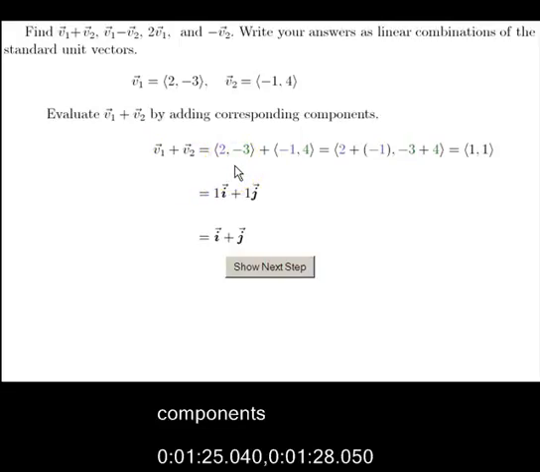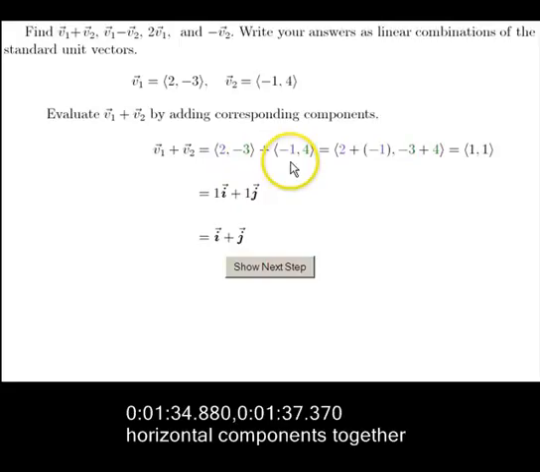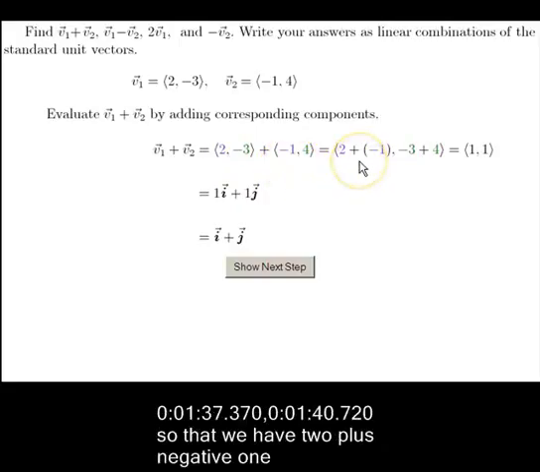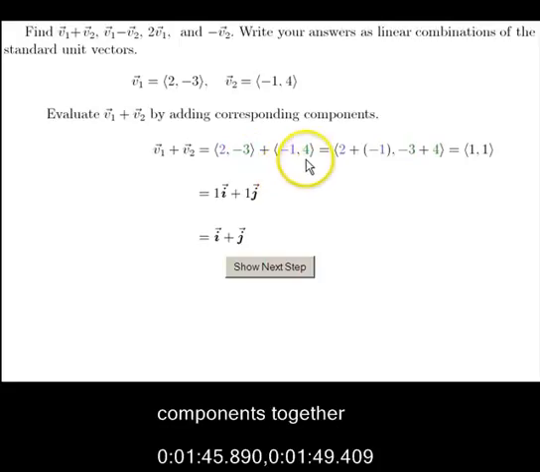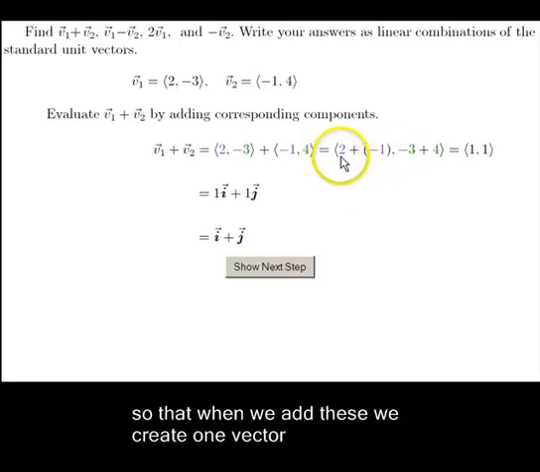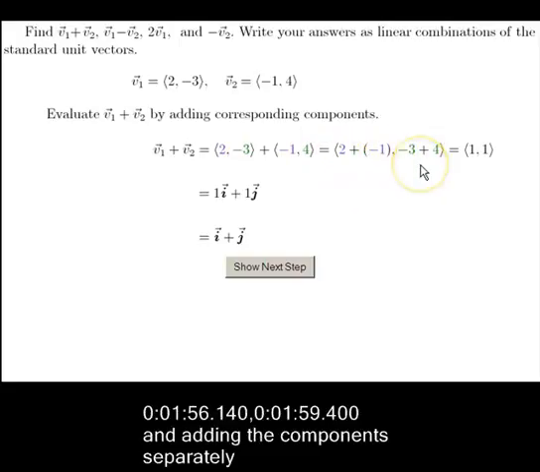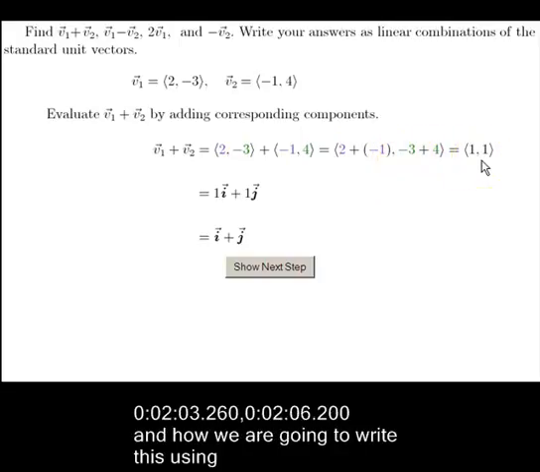So here we have our two vectors, v1 plus v2, and when we add these, we are going to add the horizontal components together so that we have 2 plus negative 1, and then we will add the vertical components together to have negative 3 plus 4, so that when we add these, we create one vector. And adding the components separately, we have the vector 1, 1.